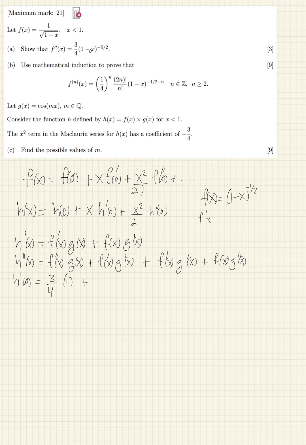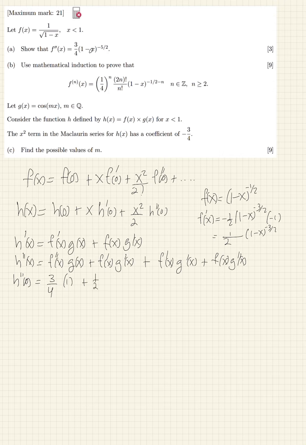Therefore, f prime x is equal to minus 1/2 times 1 minus x to the minus 3/2 times minus 1, which equals 1/2 times 1 minus x to the minus 3/2. All right. And f prime of 0 will equal 1/2. Because again, this will just be 1 at the bottom. So this will be 1/2.